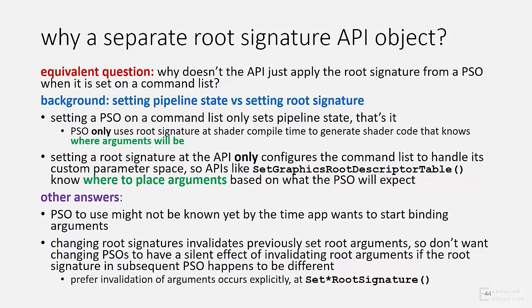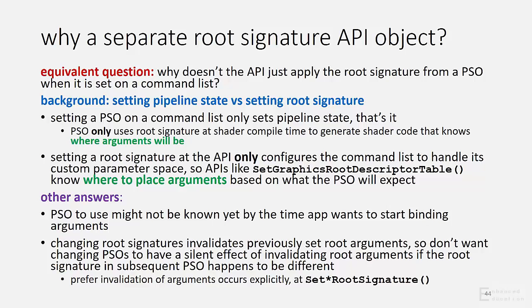Another reason to separate the root signature setting on the command list from the pipeline state is to make the semantics of the call flow sensible to look at.